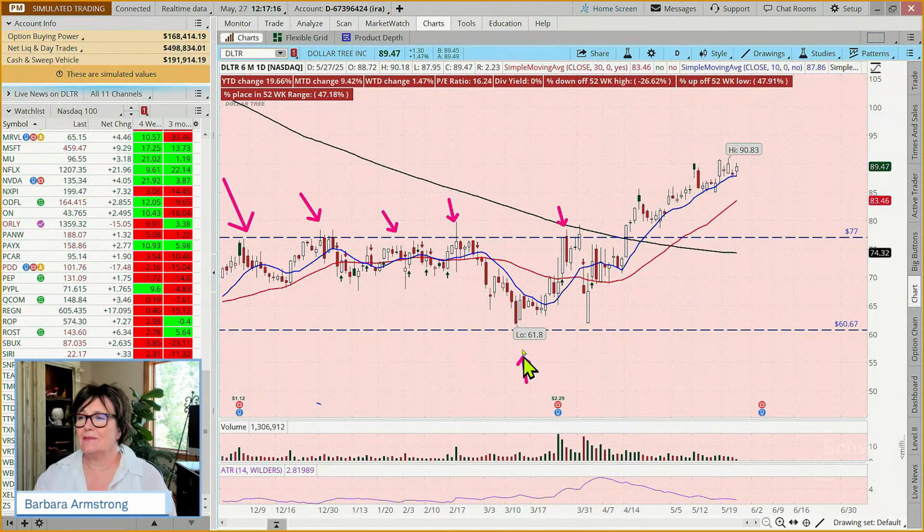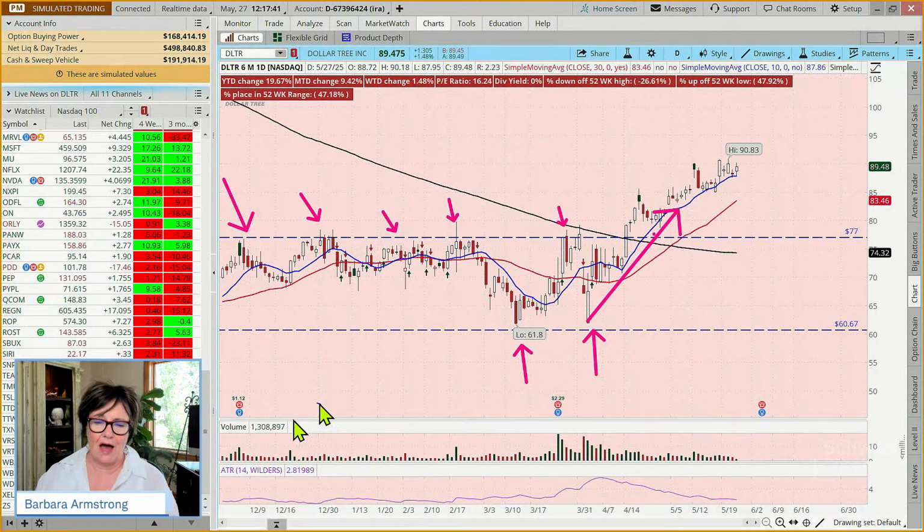And then it was coming down, and you're not seeing the whole range because this had been trading in this range since last September, and this only goes back to December. So it came down and bounced off this support level around 60, 61 a couple of times. And then what did we see start to happen? We were getting higher lows.